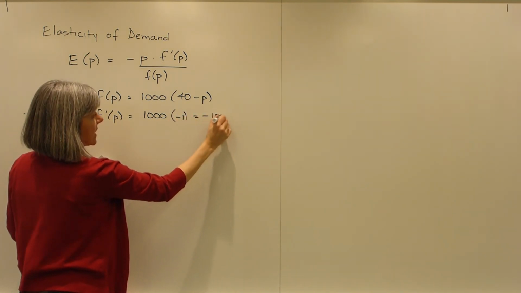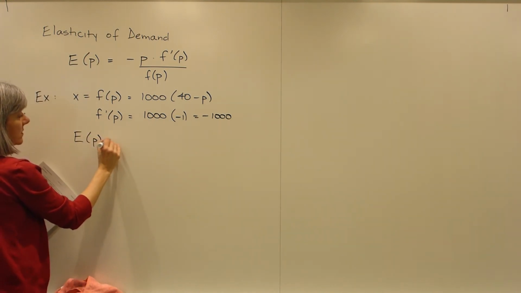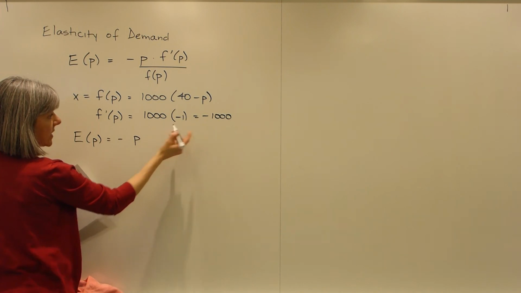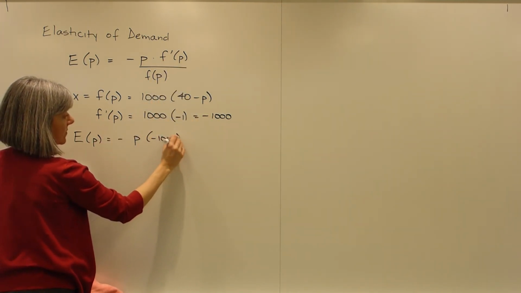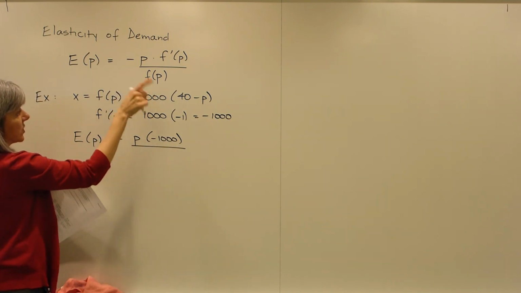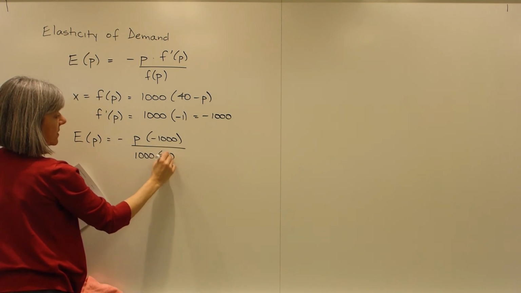So the derivative would be negative 1,000. Now let's look at finding E of P. Negative P times the derivative F prime of P, negative 1,000, all divided by the actual function, 1,000 times 40 minus P.